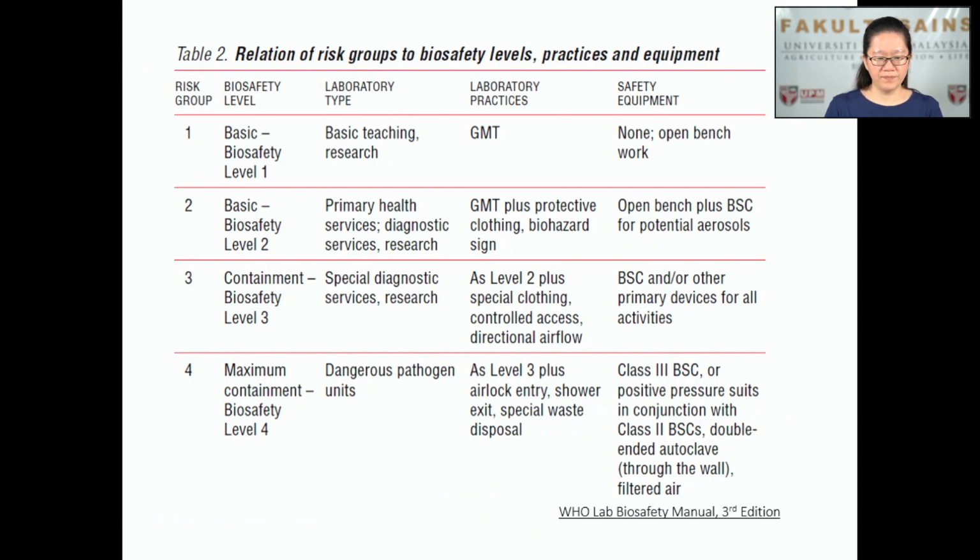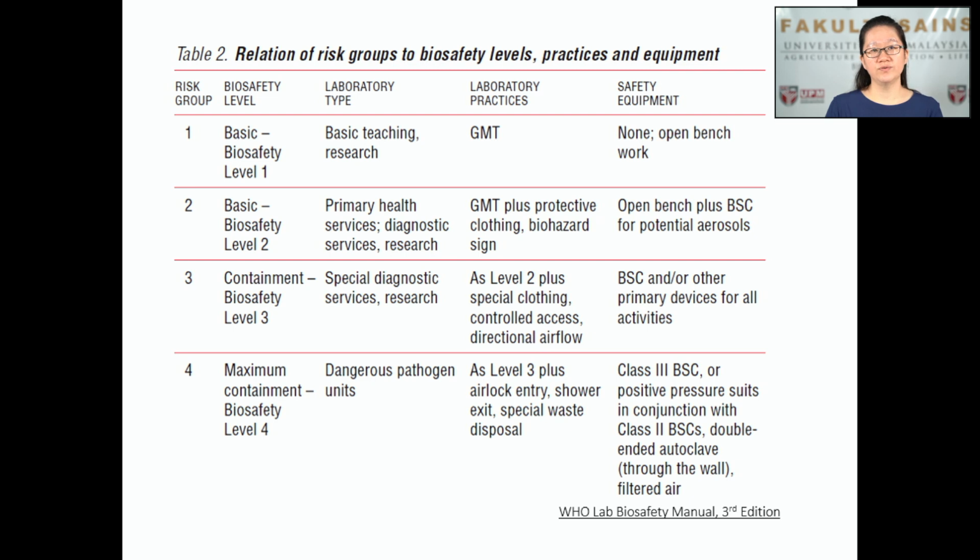This table here is the information provided in the WHO Lab Biosafety Manual, where it relates the risk group to biosafety level, practice, and also equipment. So according to WHO, a biosafety level 1 lab is suitable for basic teaching and also research.